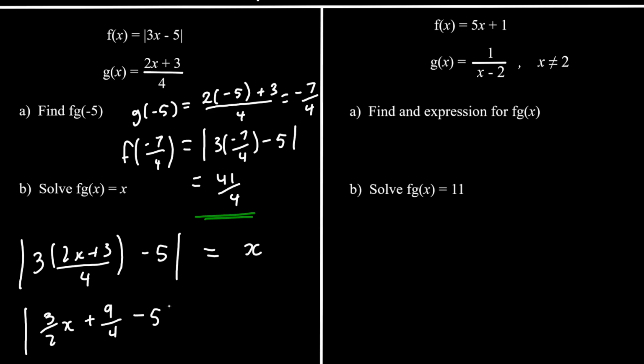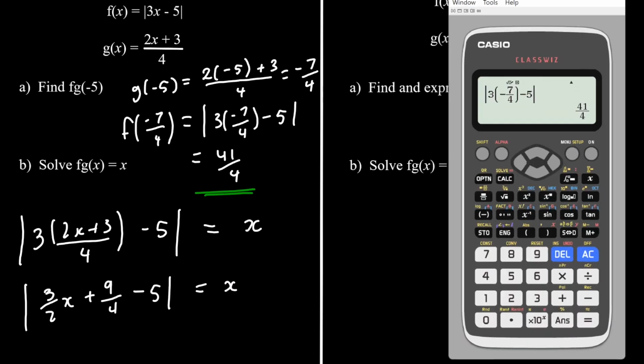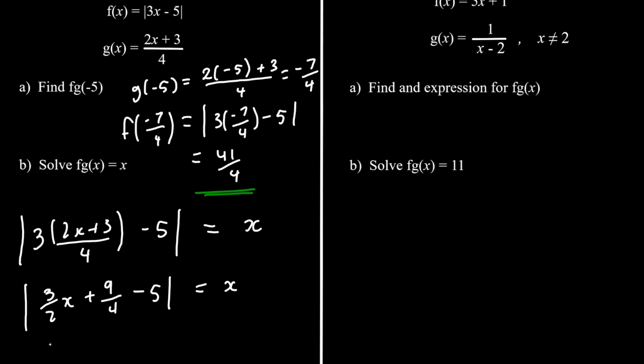Take away 5 equals x. And 9/4 take away 5 is minus 11/4. So we have 3 over 2 x minus 11/4 equals x.